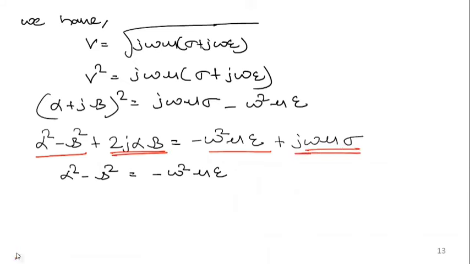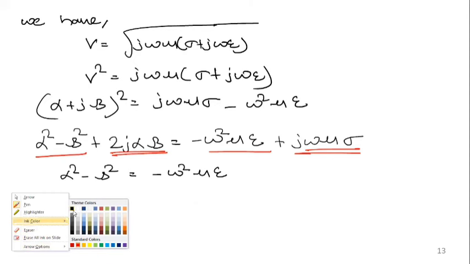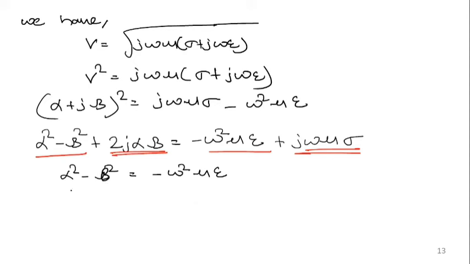So alpha square minus beta square, this is beta only. Alpha square minus beta square is minus omega square mu epsilon. That we will give a name, equation 1. Then we can write 2 alpha beta is equal to omega mu sigma. So that will be equation number 2.